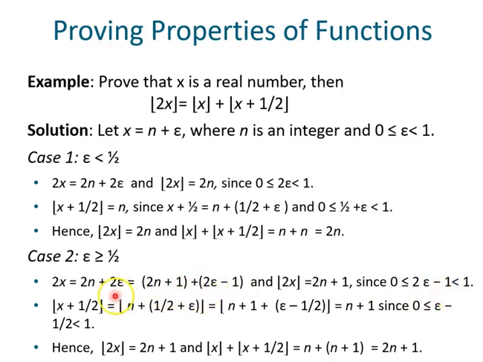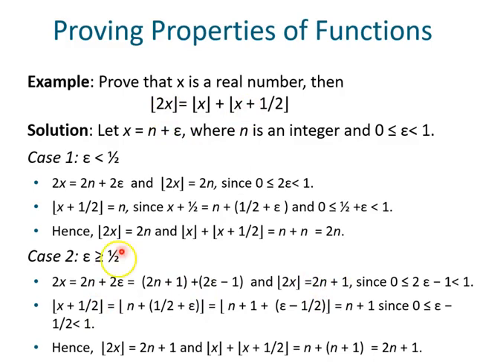Which means that the floor of 2x will be 2n plus 1. So we know the value of the left-hand side, 2n plus 1.